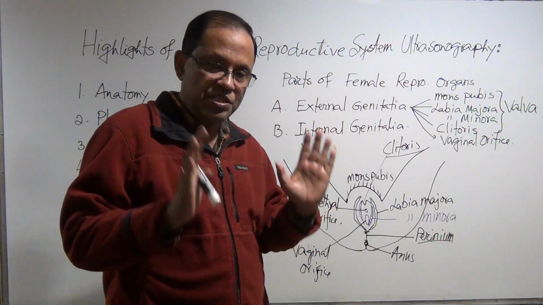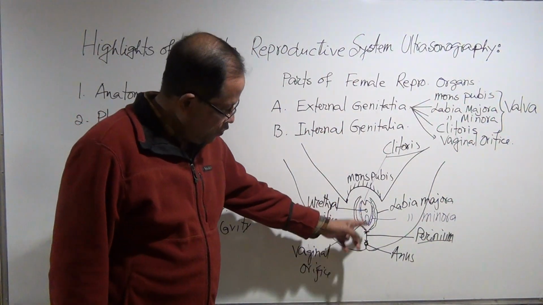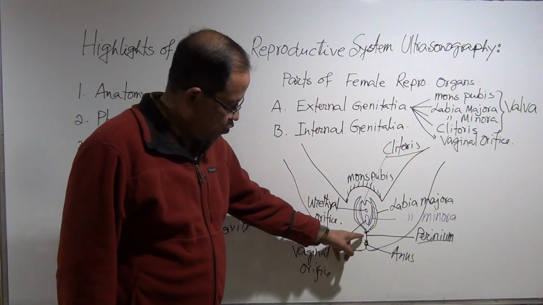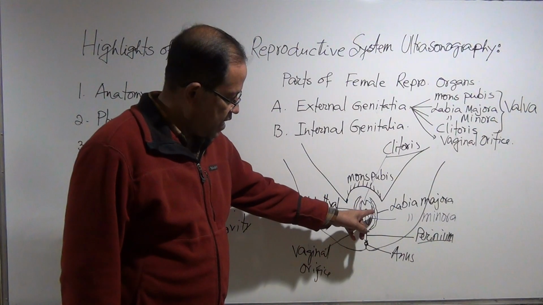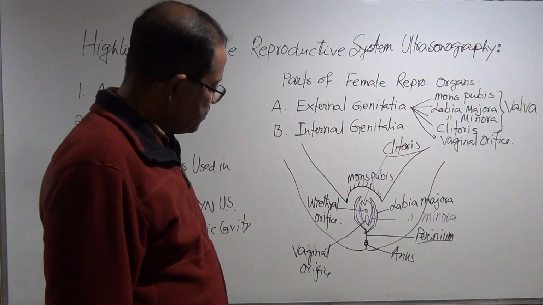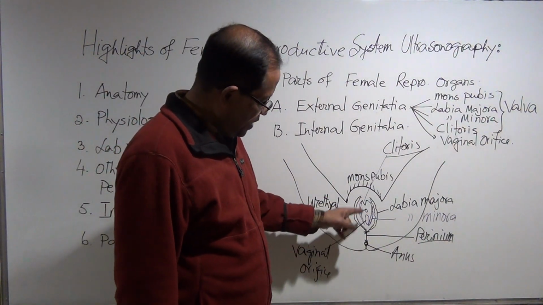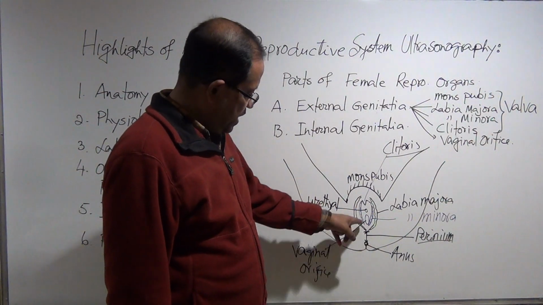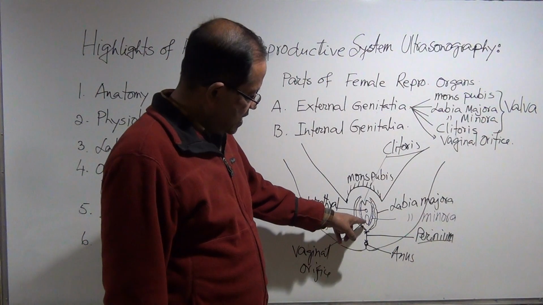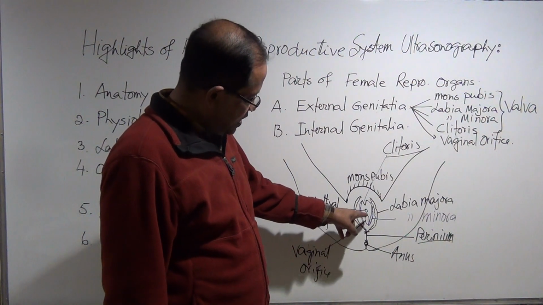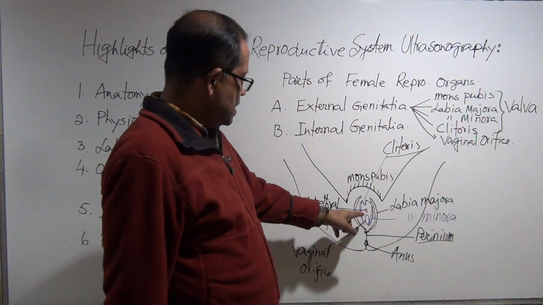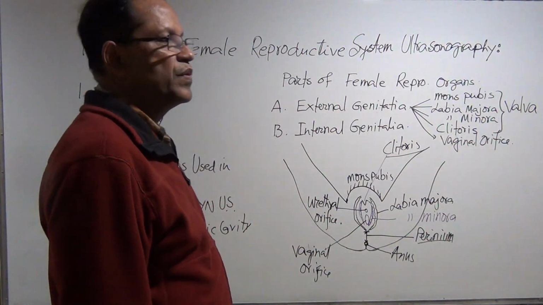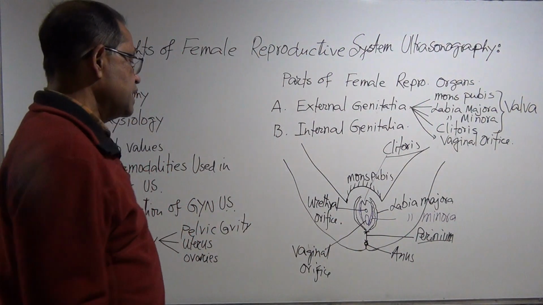Okay, we understood the two anatomical surfaces where we can put the transducer: one is transperineal, another is translabial, and the three openings we need to take care of. The vaginal opening and canal is in the middle, in close apposition with the urethra and the rectum.